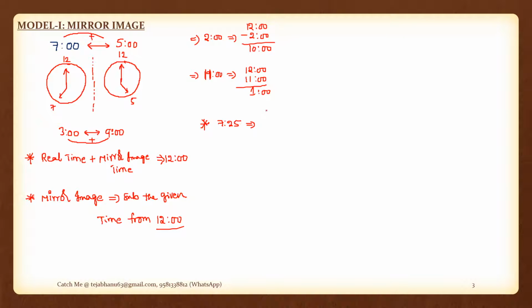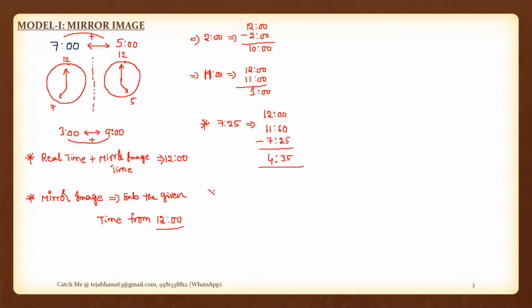See, 12 o'clock can be written as 11 hours 60 minutes. 11 hours 60 minutes minus 7:25. So it will give us 35, and 11 minus 7, it is 4. 4:35 is the answer.